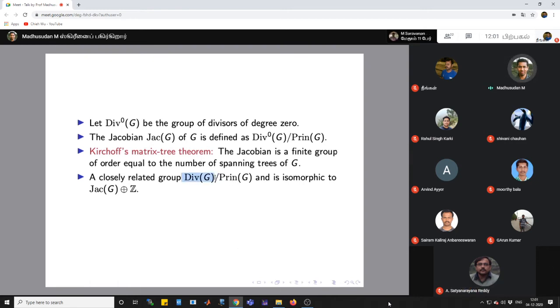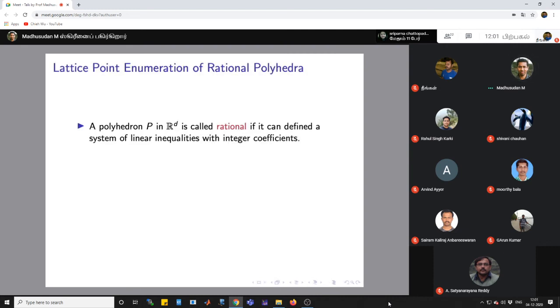So if you look at Div G mod Prin G rather than Div^0 of G mod Prin G, you get a closely related group. With a little bit of work, you can see that this is isomorphic to the Jacobian of G plus the integers. So it just adds one rank 1 free part to the Jacobian. It's not very hard to see. It's a little exercise.